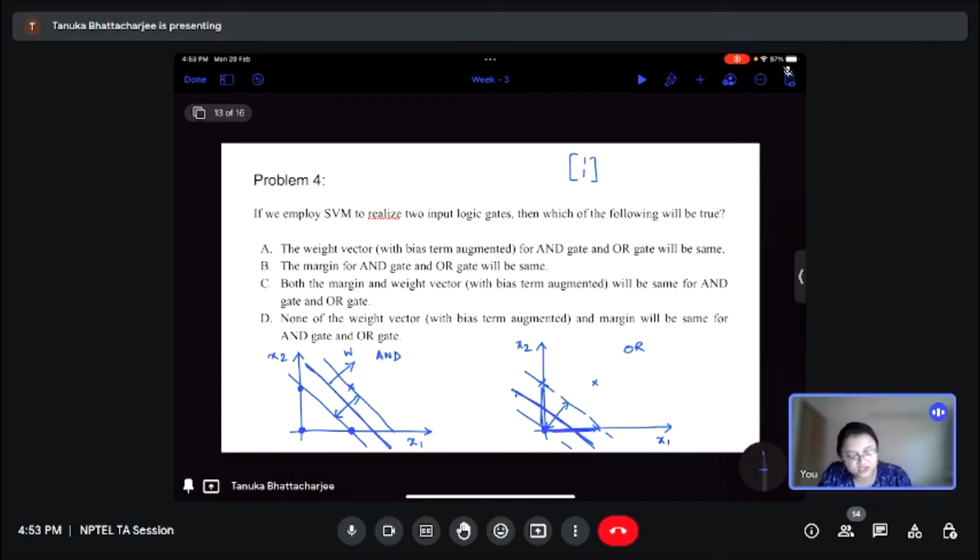The unit vector along this direction will be 1 by root 2 times 1 1. If we take 1 by norm of w, we get the margin, and the margin will be 2 by norm of w, which is root 2, right?